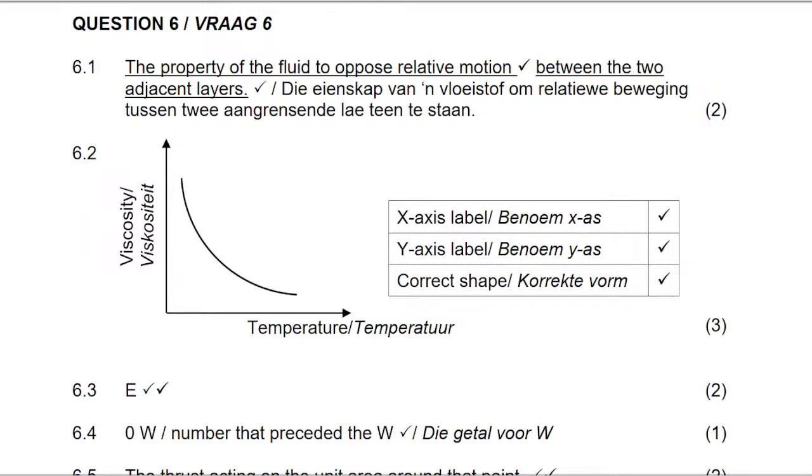So the graph is clear, the relationship is like this. When temperature increases, viscosity is lowered. And then that will be the 3 marks you mark according to that guideline.